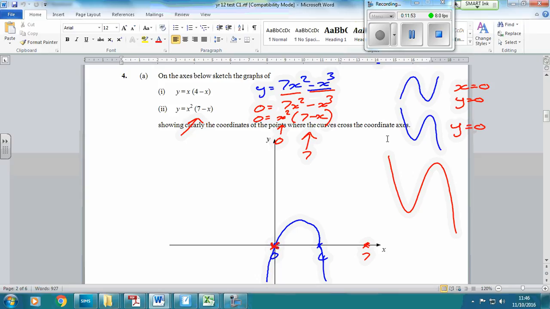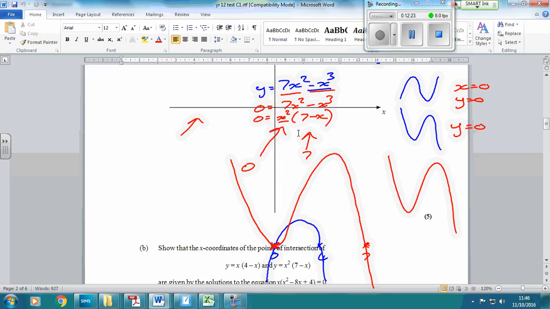Because we've got a repeated root here, where x equals 0 is squared, it touches 0 twice, and it goes through at 7. So it's going to go down, touch that one, go up, and then go down like that. And that would be how you sketch that.